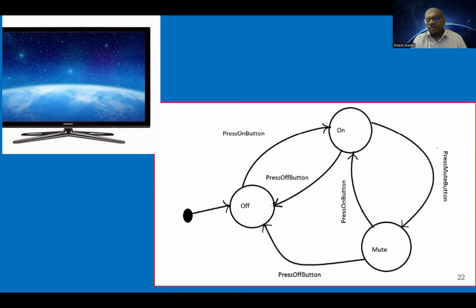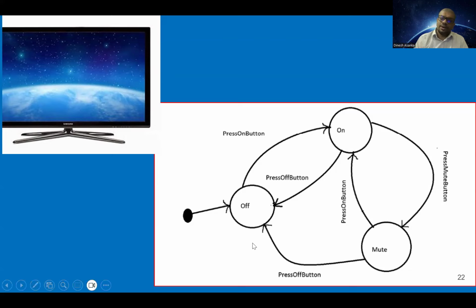Another example, TV button. You press on, off, and mute button. So those are the states that you have for a television. Here it shows how you change the status from one to the other. When you press the on button, from off it goes to on. When you press the off button, from on it will come to off state.